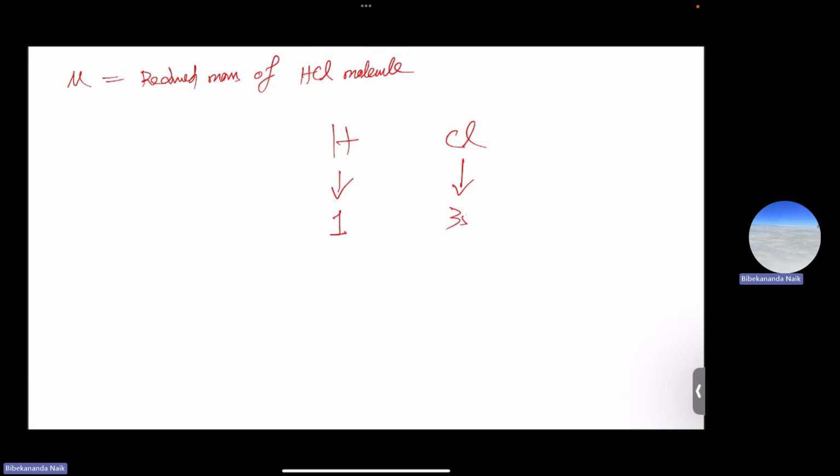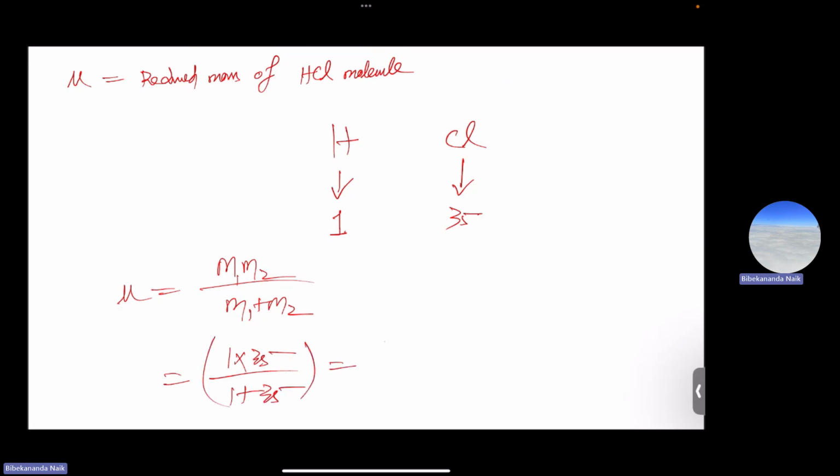So the reduced mass mu, we know, is m1 m2 divided by m1 plus m2. So it will be 1 into 35 divided by 1 plus 35. It will be 35 by 36.